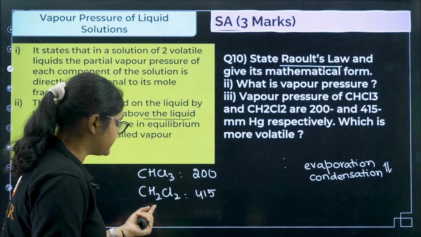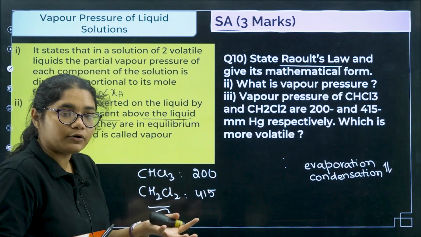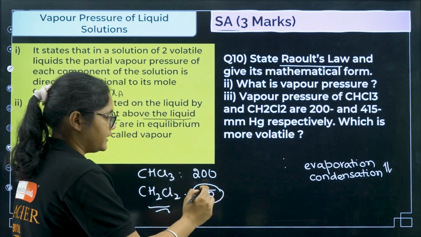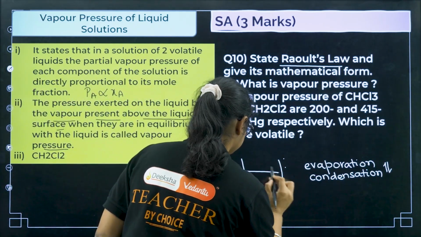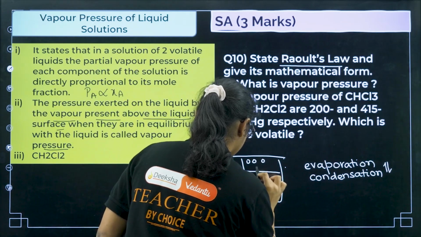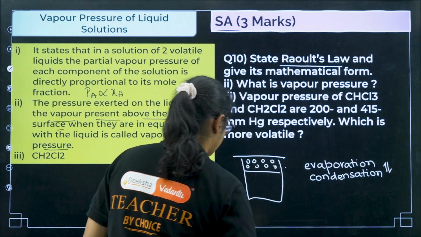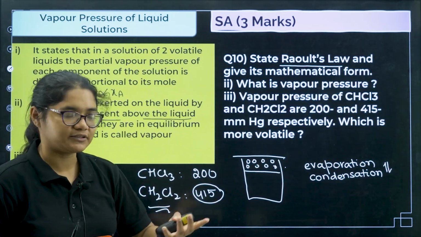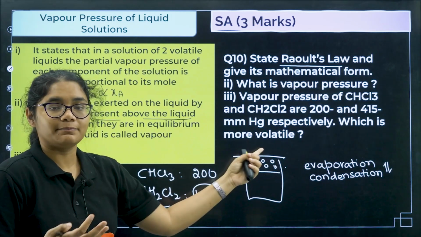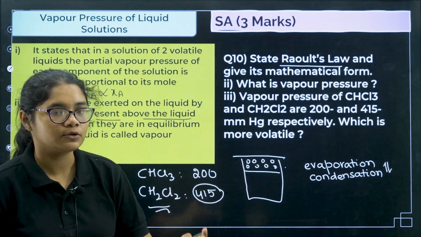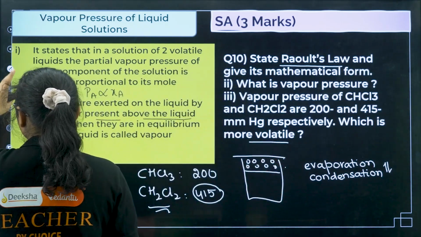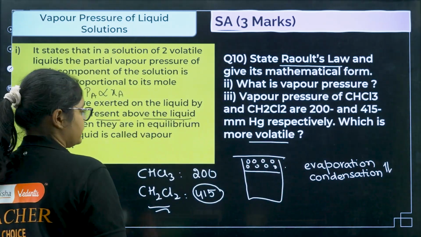In CH2Cl2, more vapor has formed. That means it is more volatile, it can easily escape to the vapor phase, so more vapor is present and vapor pressure is also more. So I can say which is more volatile, obviously it is CH2Cl2.